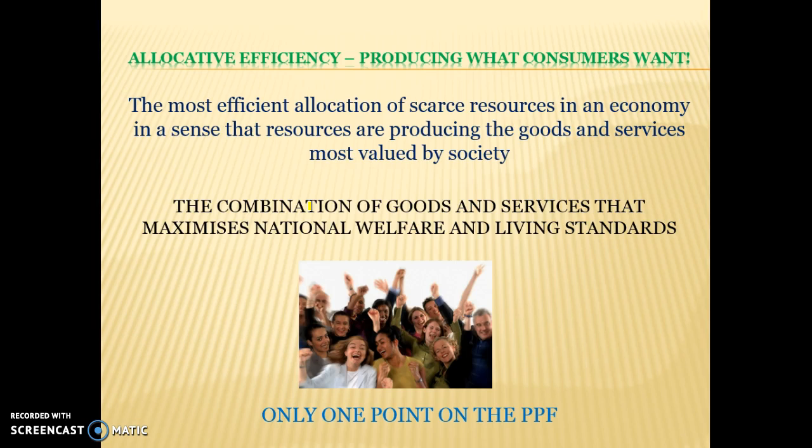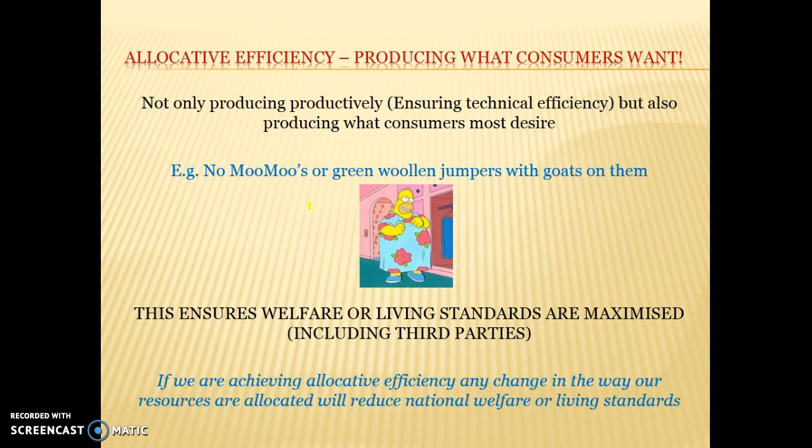Another example is if we're producing illicit drugs. Okay, that is not in society's best interest, so it's not allocatively efficient. So allocative efficiency is about the production of goods and services that are going to maximise national welfare. And there's only one point on the PPF that will be allocatively efficient, and it depends on how much we value goods and services.